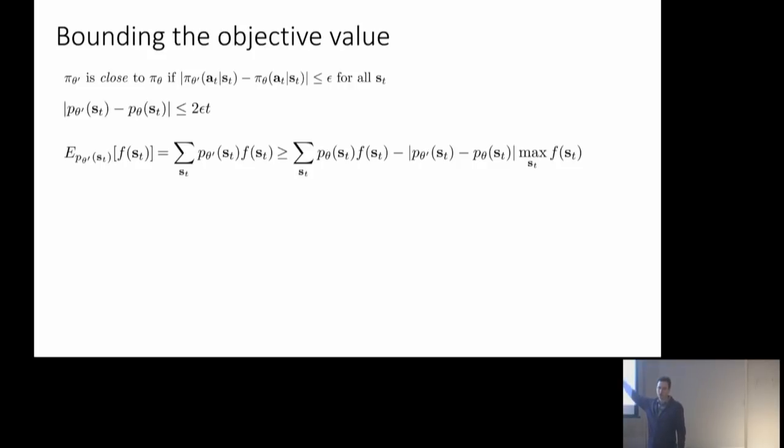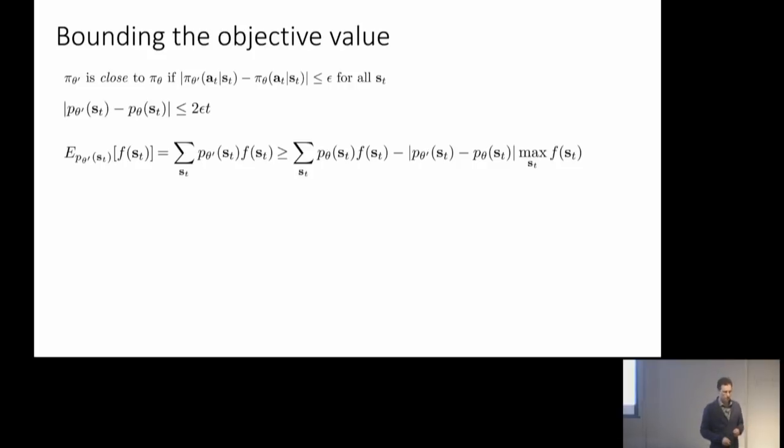So if f is always positive, then this is true. That's like saying that every time you move away from p theta prime, the worst possible thing happens. The worst possible thing in this case is your objective value is lowered by the maximum of f of s_t. So it's saying, you either match p theta s_t perfectly, or the worst thing in the world happens.